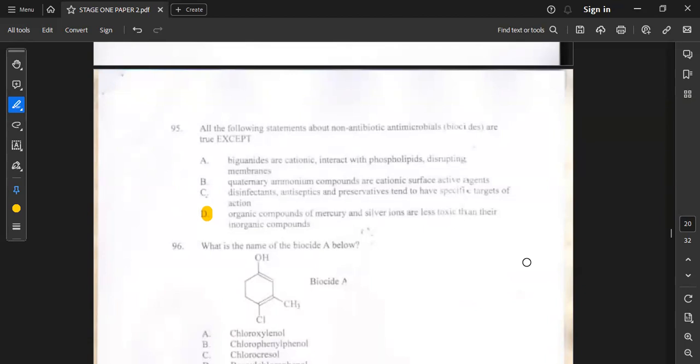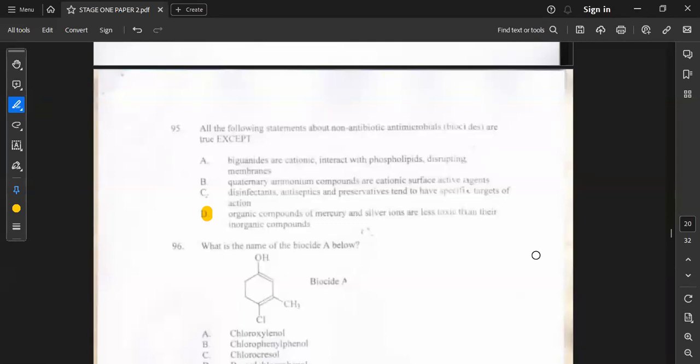What's an example of a biguanide in this scenario? Chlorhexidine.